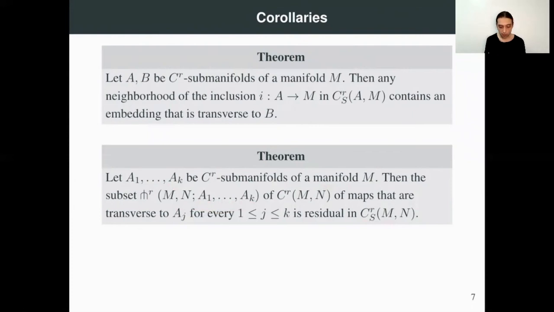We saw this for just one submanifold, but the proof for a finite number of them, or even a countable number of them, is exactly the same. It's completely analogous, and so we get this result almost for free.